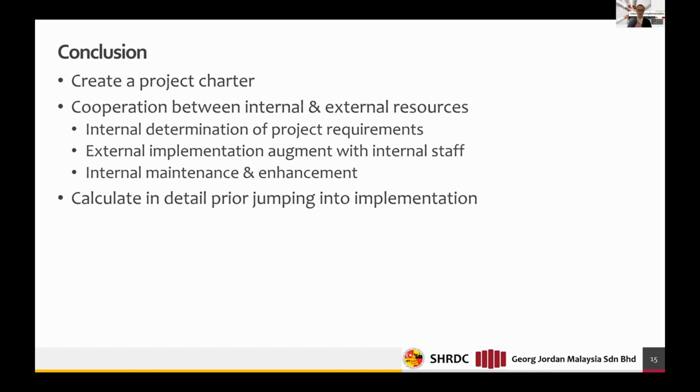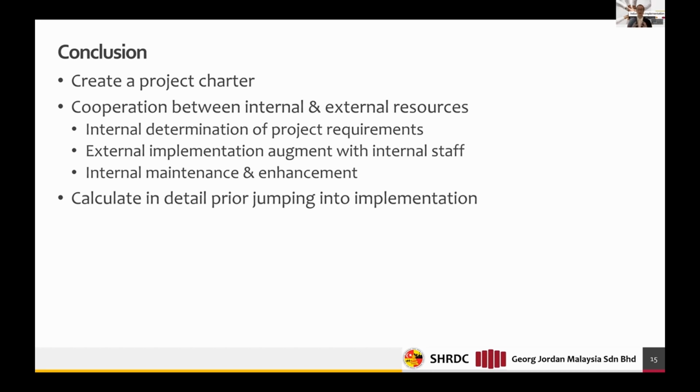Firstly, we rank our projects according to the ROI and discounted payback period. The shortest payback period, the best. Secondly, we look at our capital expenditure and rank all our projects according to the capital expenditure. And then only we start to implement the projects with the most promising discounted payback period and the lowest capital expenditure.